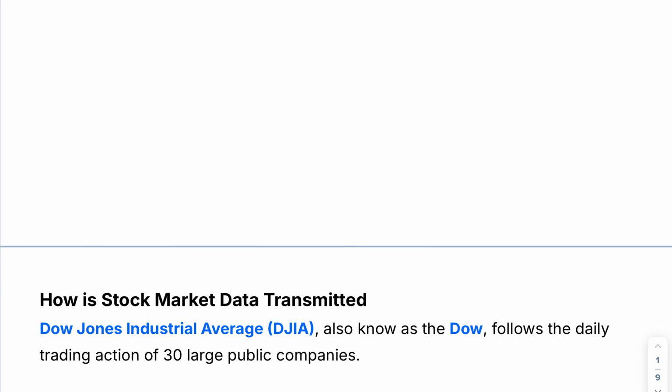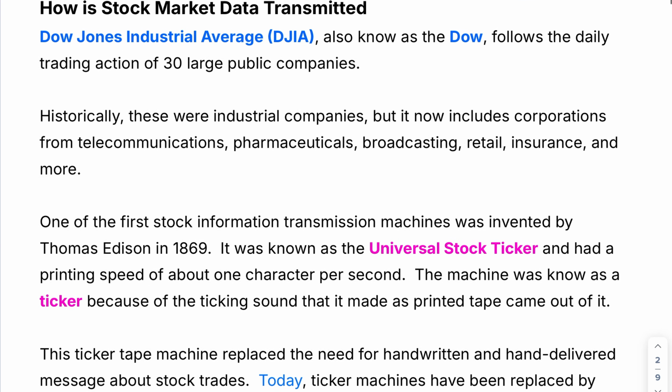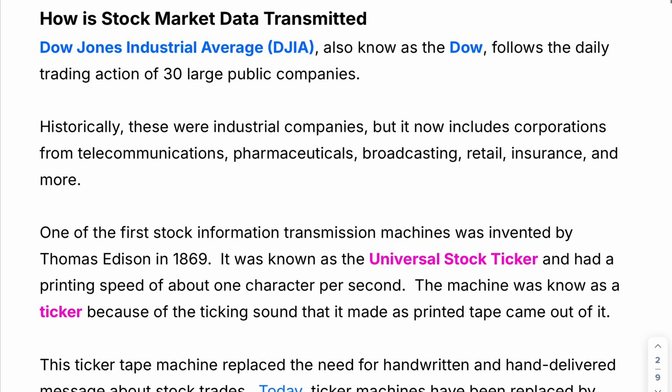Let's start with some background information. Okay, so how is stock market data transmitted? Well, we have what's called the Dow Jones Industrial Average, also known as the Dow, and the Dow follows the trading actions of 30 large public companies.